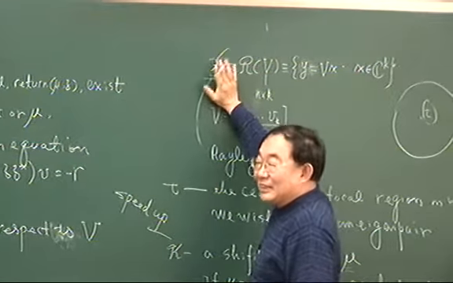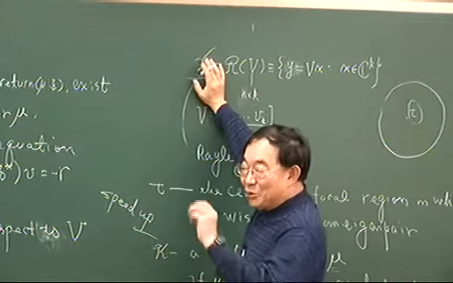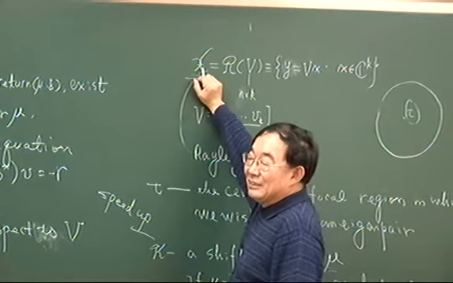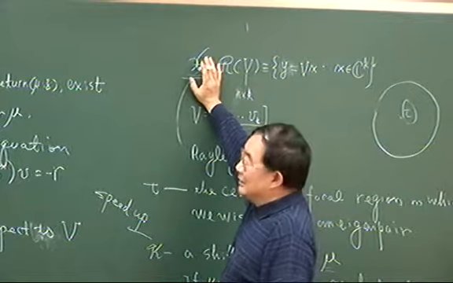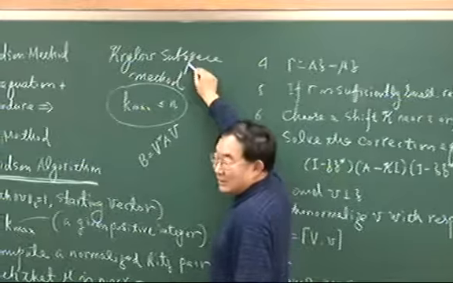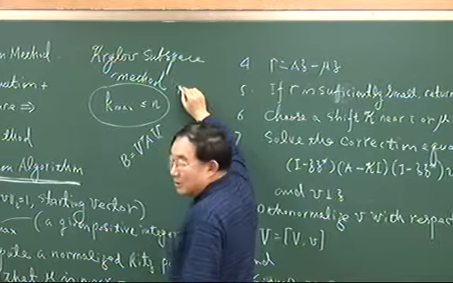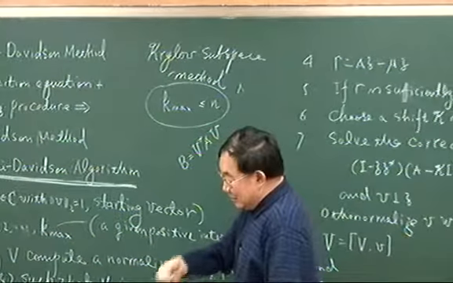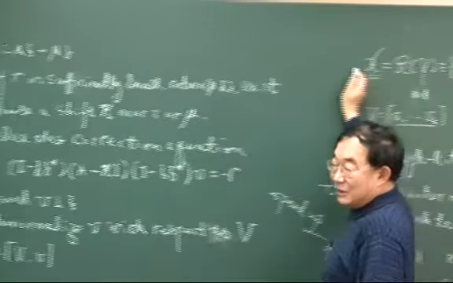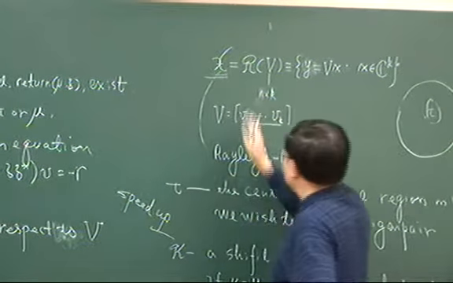This uses another subspace, not the Krylov subspace. It uses the Newton method to get the basis of the subspace. The idea is different: the Krylov subspace is produced by matrix-vector products, but this uses the Newton method to produce the basis.